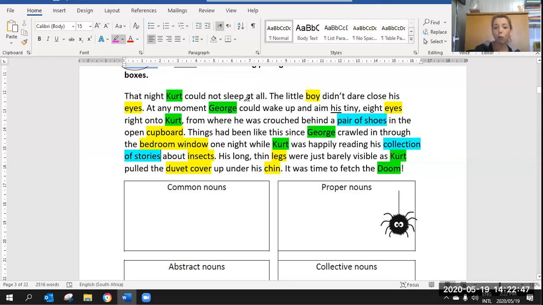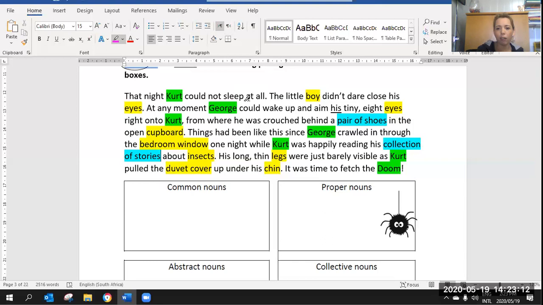So sleep could be an abstract noun when sleep is talked of as a thing. But sleep is a thing that is done, so usually more a verb than an abstract noun.